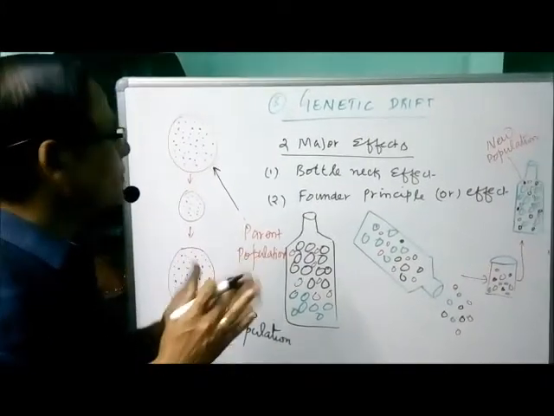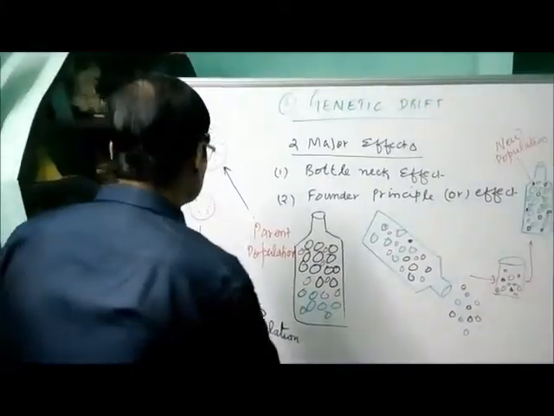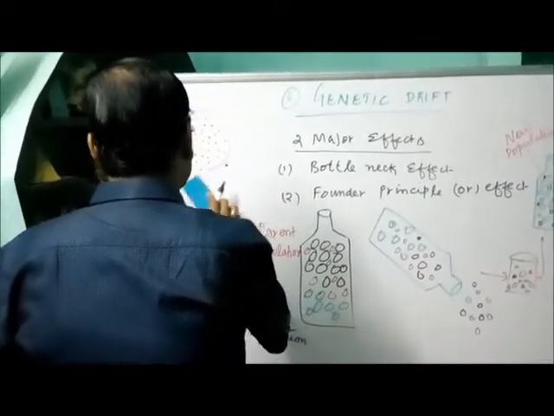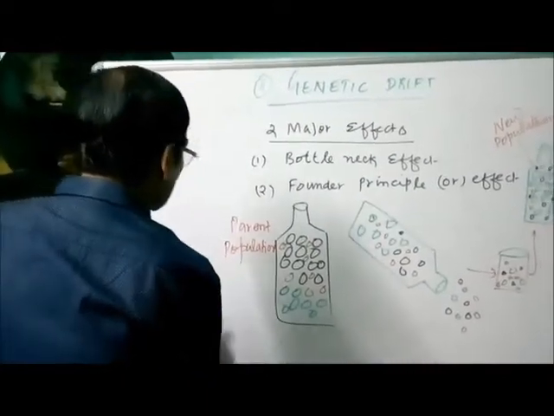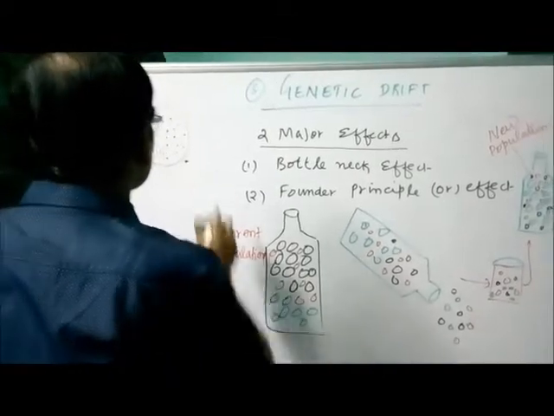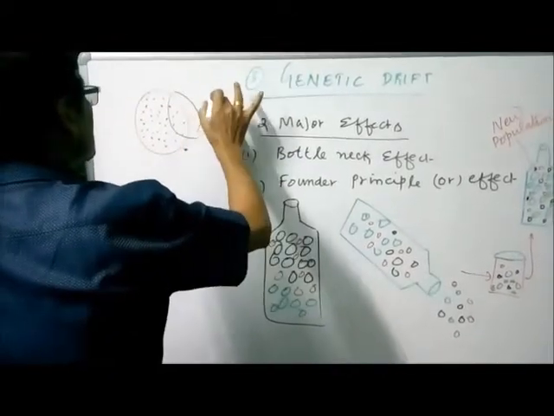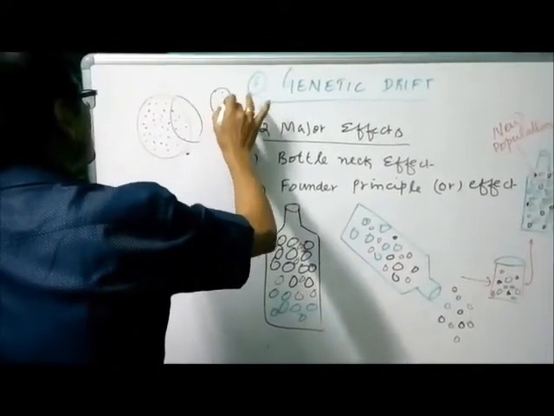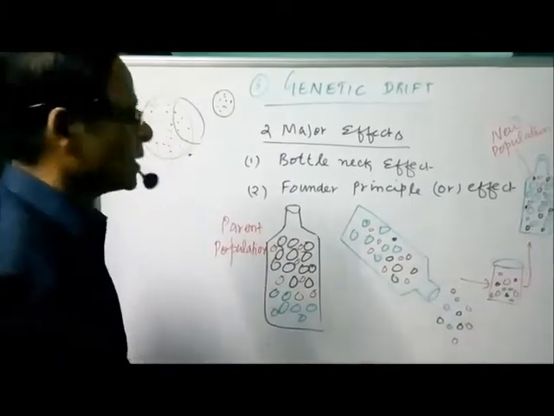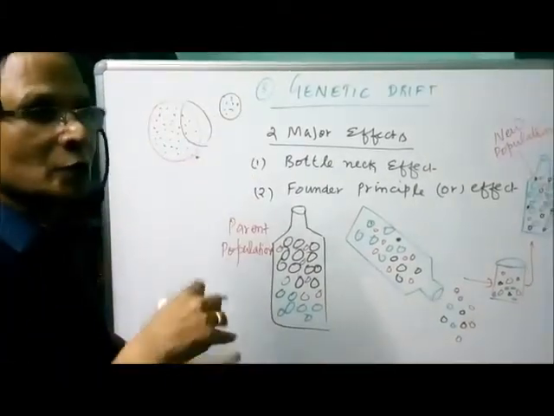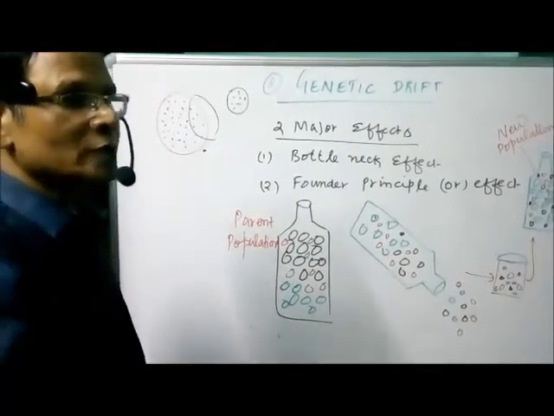So suppose there is a large population, and from that, a small group of individuals splits off. This is a split population.